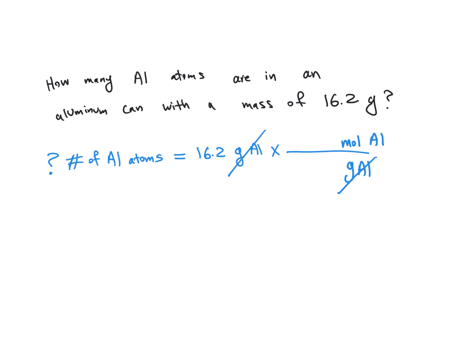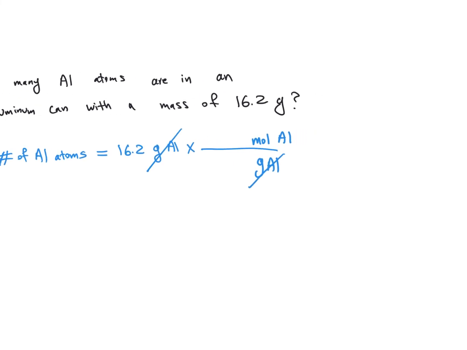And we write mole in numerator, and we convert mole to number of aluminum atoms. Can you all look at this and tell me if that makes sense? So we convert grams to moles, and then moles to number of atoms. Okay?